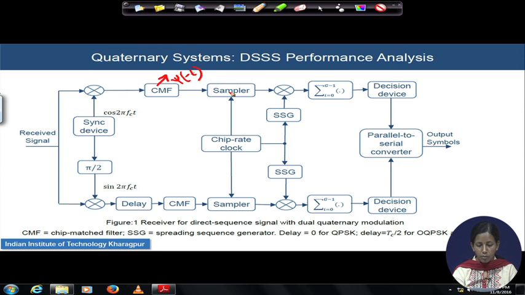The matched filter was followed by the sampler. That sampler was sampling the incoming signal at the chip rate. The sampler and the locally generated spectrum signal were in sync by the chip rate clock, and the sampler was also responsible for generating G samples over the symbol duration of Ts.